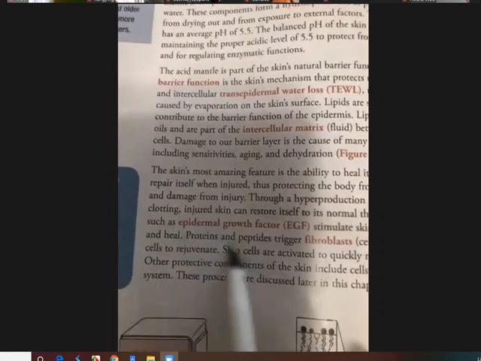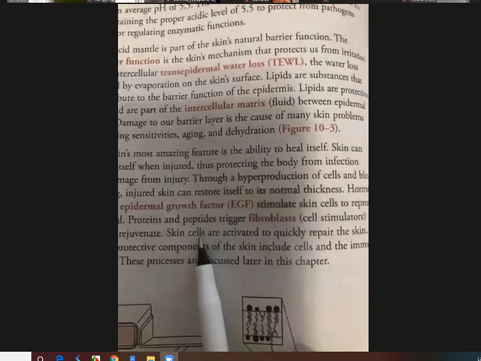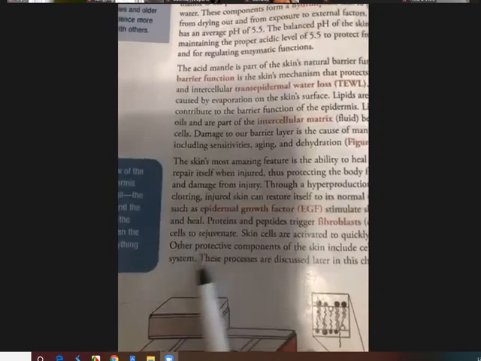Fibroblast is the one that helps our cells to rejuvenate. But in order for the fibroblast cells to work, we need proteins and peptides. Okay, now skin cells are activated to quickly repair the skin. Other protective components of the skin include cells and the immune system. So we will discuss it.